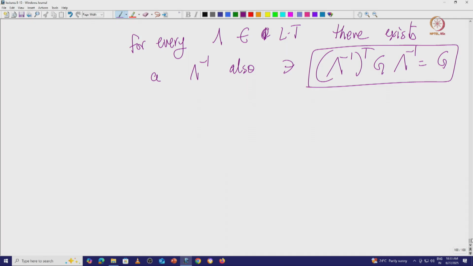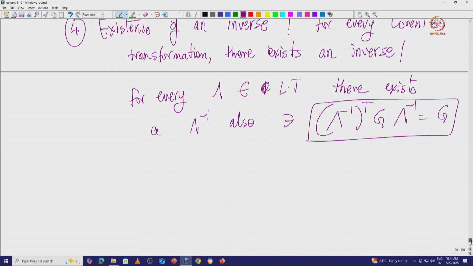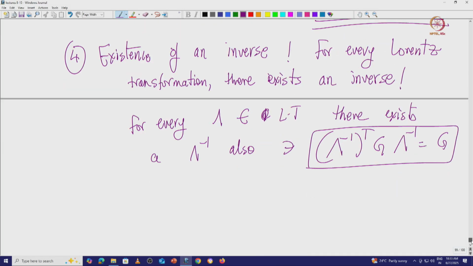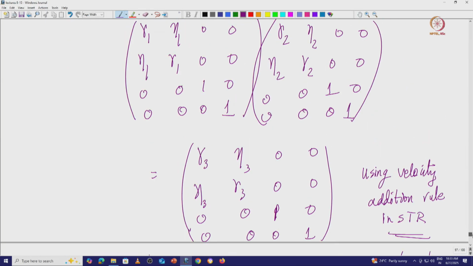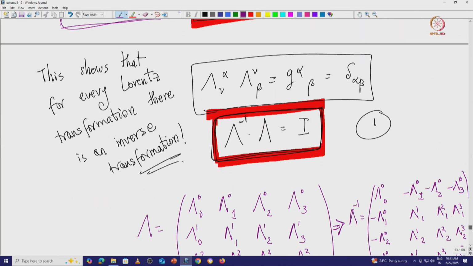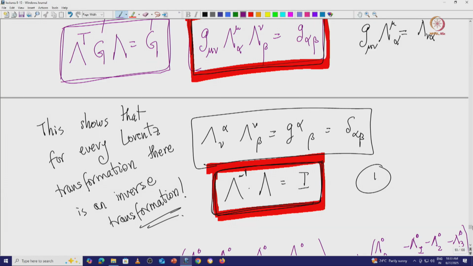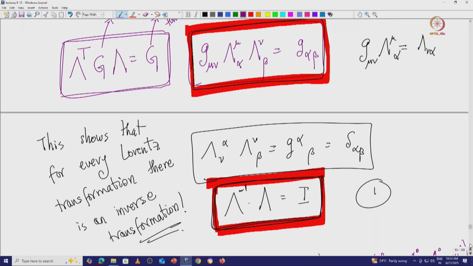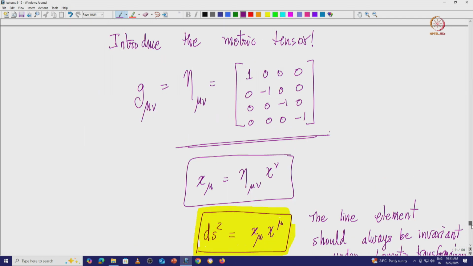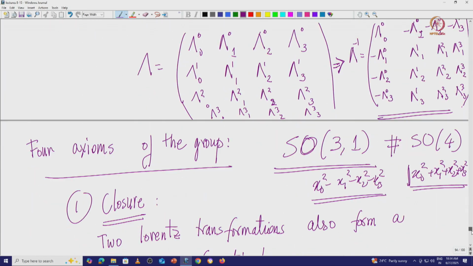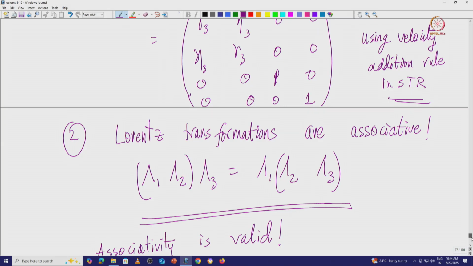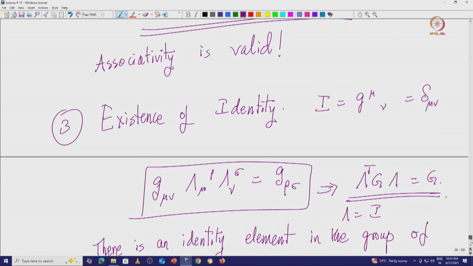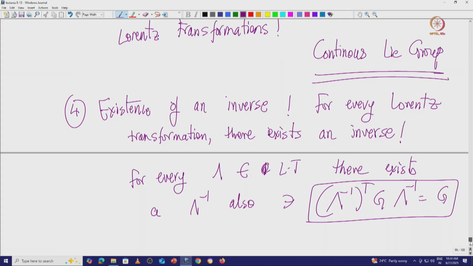We can do this formally, but that's not necessary. We have seen enough that for every Lorentz transformation lambda, this condition is sufficient to show that there is an inverse Lorentz transformation, which is good. Now let's look at the four conditions we have seen: there is closure, there is associativity, there is identity, there is inverse.